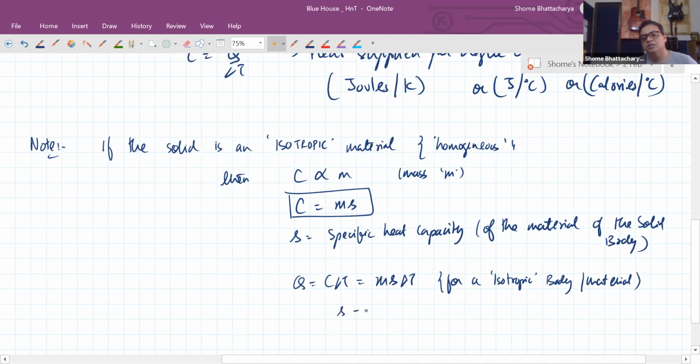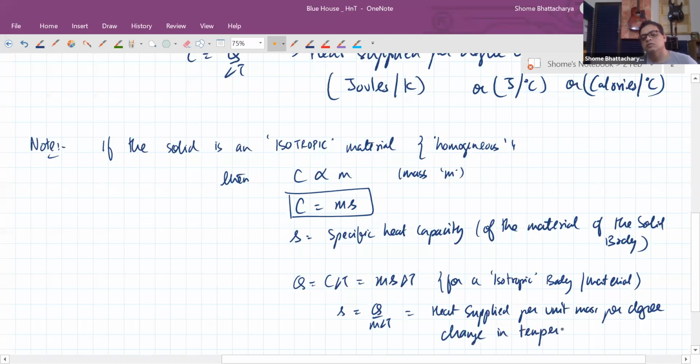So S is Q upon M delta T. So specific heat capacity is heat supplied per unit mass per degree change in temperature. So this is the definition of specific heat capacity.